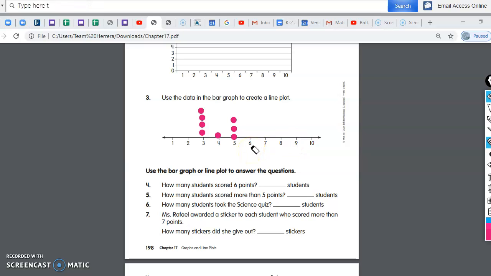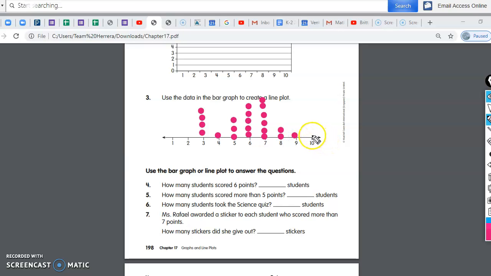On 6, we had 5. 7, we had 6. 8, we had 2. 9, we had 1.